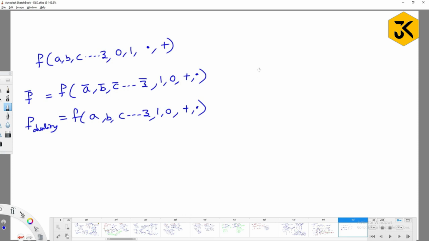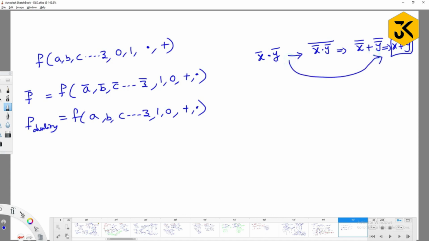See, for example, if you take x bar dot y bar, what is the complement of this? X bar dot y bar whole complement, you are going to get x plus y, because x bar whole bar and y bar whole bar give x and y. So the complement of x bar dot y bar is x plus y.